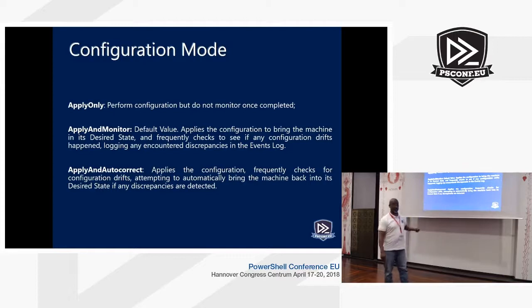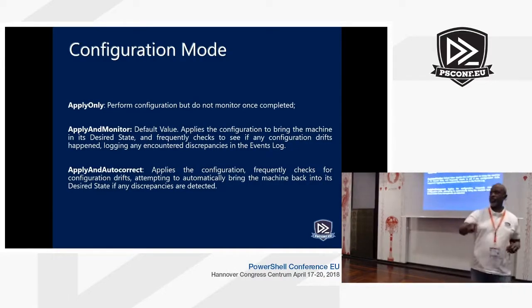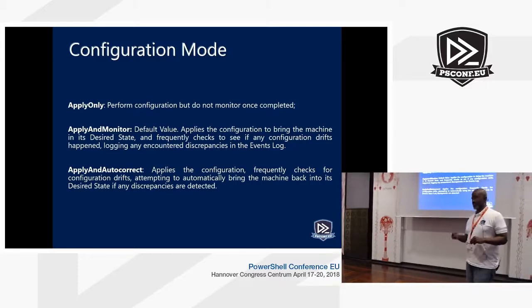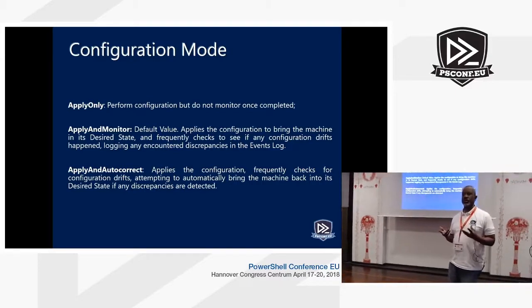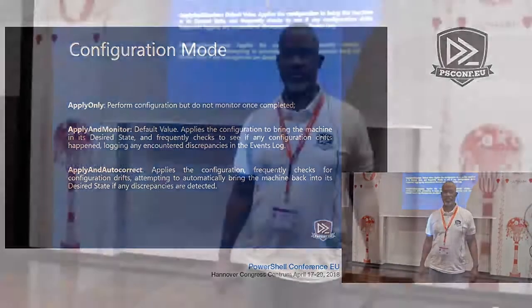Now, my recommendation is you do the apply and monitor for SharePoint. Because when you make that sort of a change, you look at the log. So yes, it's going to require a little bit more work here, but that's okay because you can automate that process.